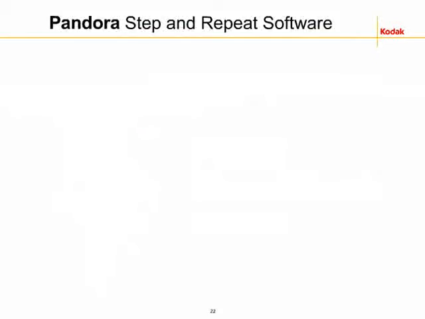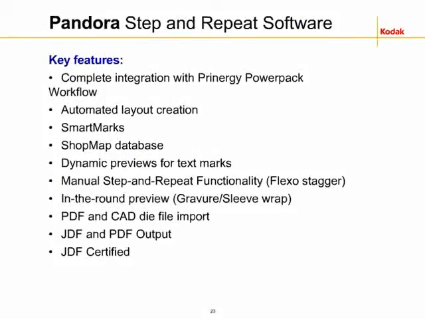We look at the Pandora system. The step and repeat system of Pandora has two options to it. You have what you would call a manual step and repeat, which allows you to step any one-up or any graphic for printing. So you can step in lanes, you can step for different web configurations, for seamless, for sleeves.